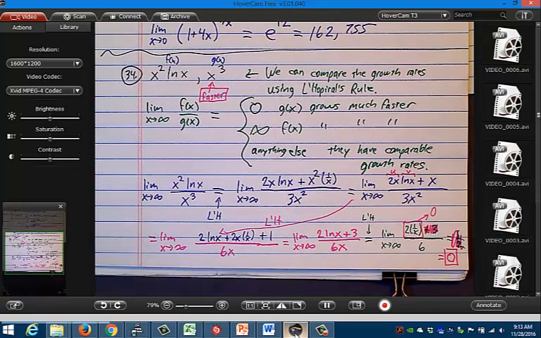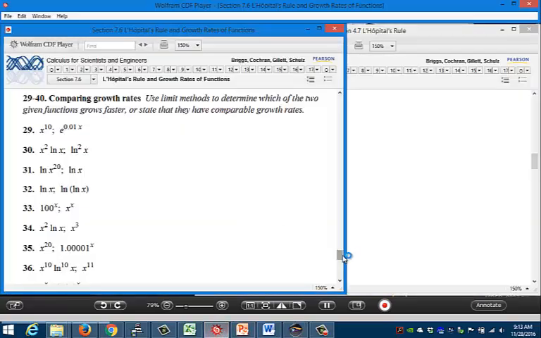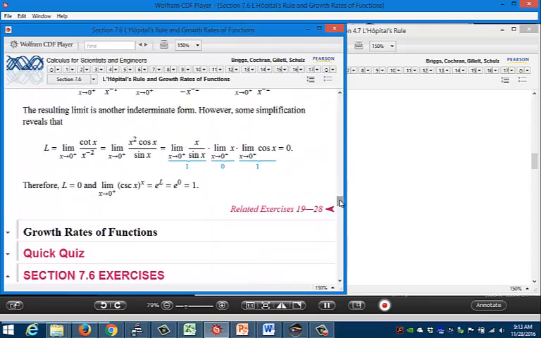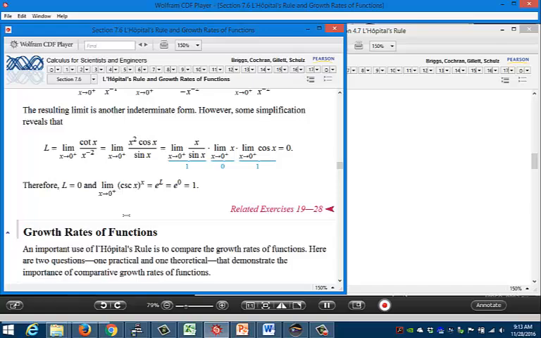I'm zooming out, but I don't see very much. But in the long run, you do have faster growth here. And the book goes through, this is really kind of nice, and in the discussion, when they talk about growth rates of functions, they do some examples kind of like the one we just did.